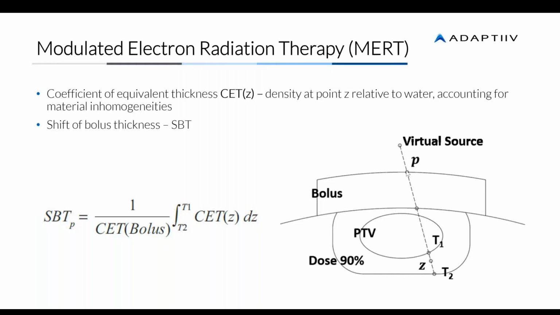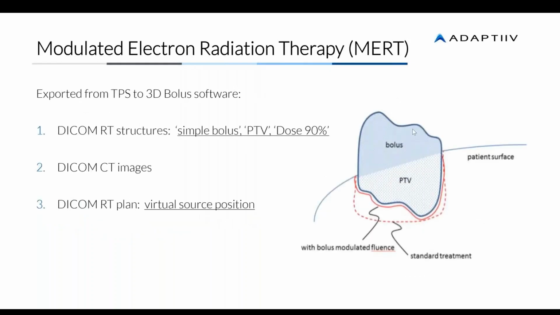So we are modulating the surface thickness of the bolus, and it's being done using something that we call a coefficient of equivalent thickness, and this is the product that we accomplish.